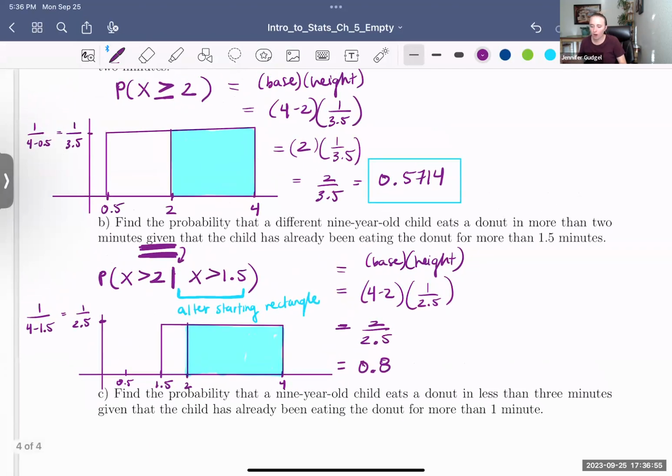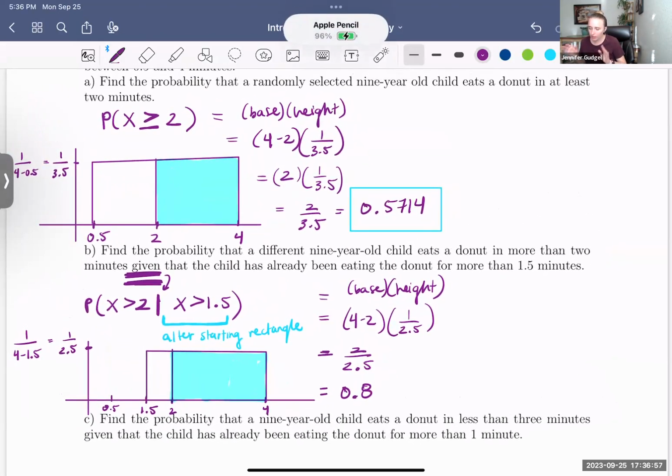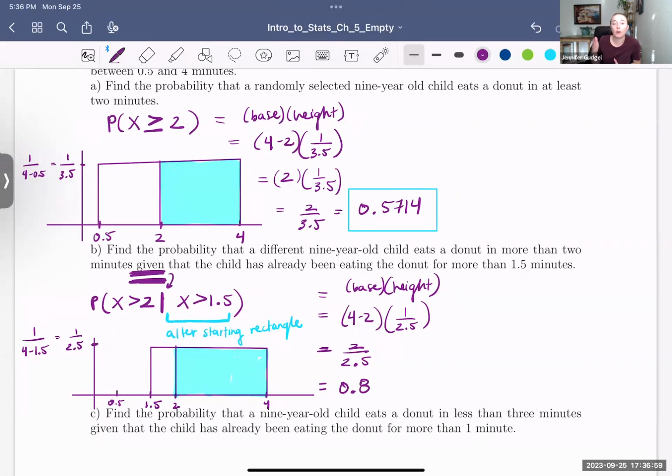So you see that on parts A and B, we were looking for both being greater than 2. One was at least 2 minutes. The other was more than 2 minutes, given that they'd already been eating for more than 1.5 minutes.